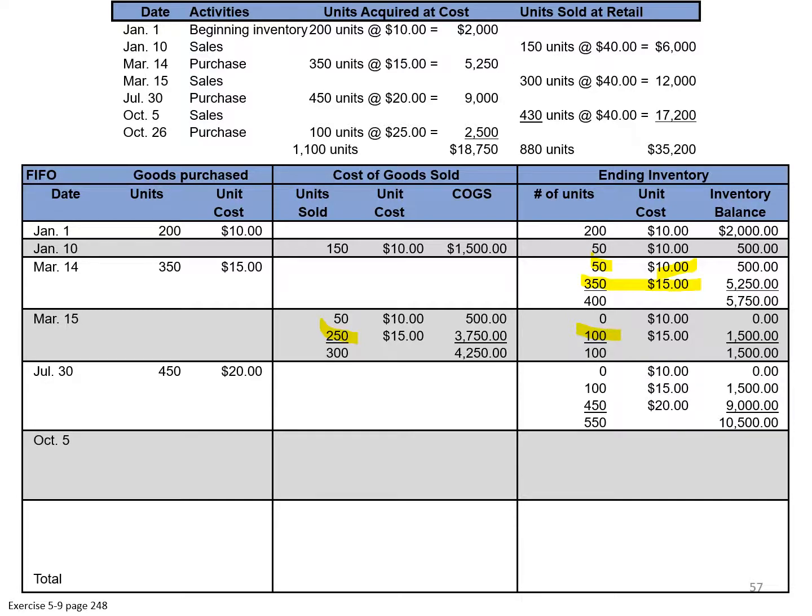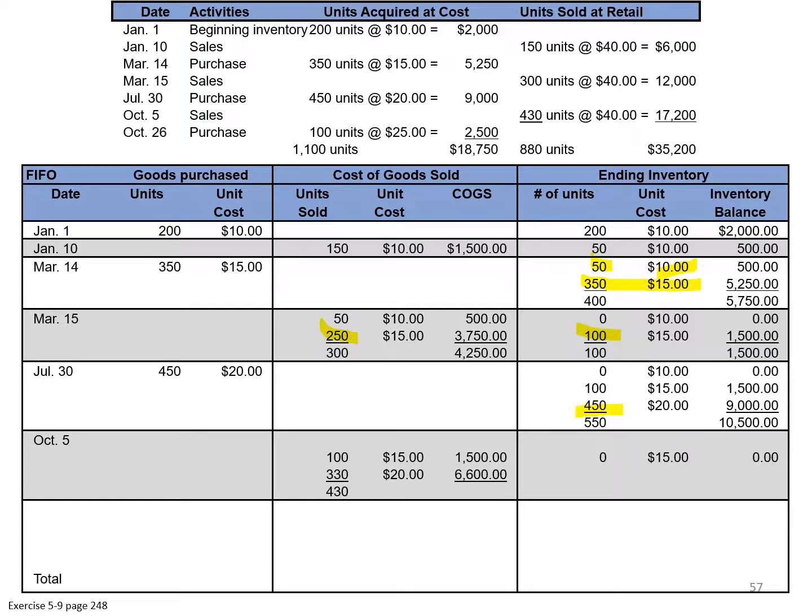Then on October 5th, we sold 430 units. So that 430 units under the FIFO method, we have no more left from our beginning inventory to sell. We have 100 left at the $15 price point. And then we need another 330 from our 450 purchase, right?